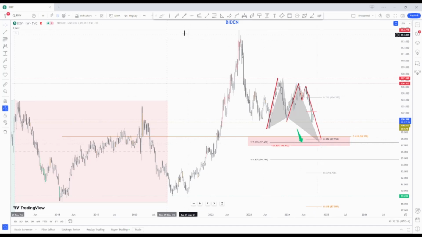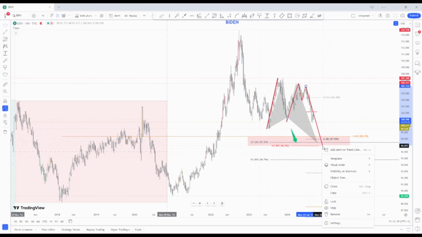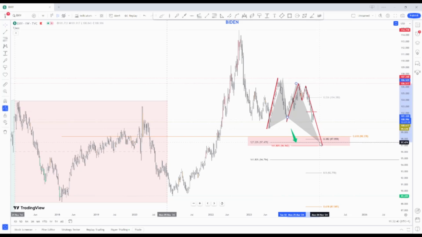If somehow the DXY breaks below this major fractal support in the midterm, I will pay attention to this cluster box. If the price forms this butterfly or even the crab pattern a few points below, this is a price zone where I should consider positions to the upside.